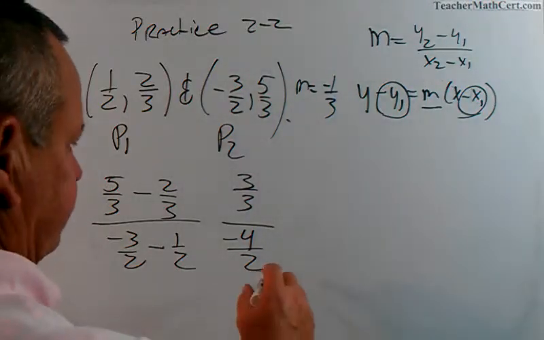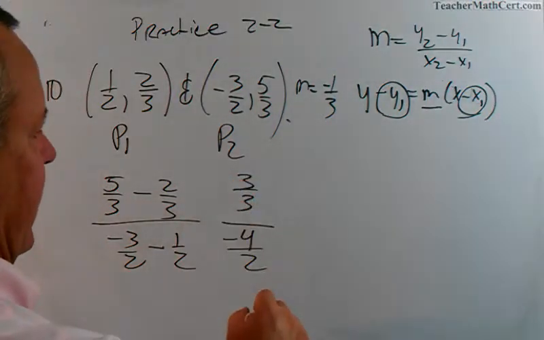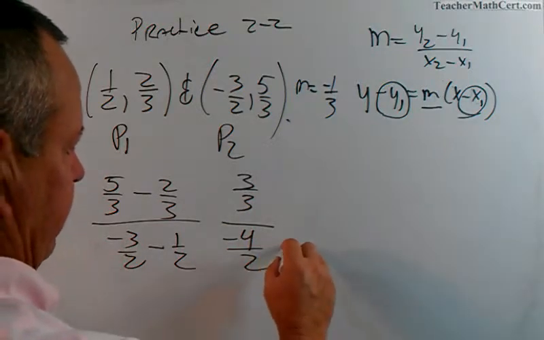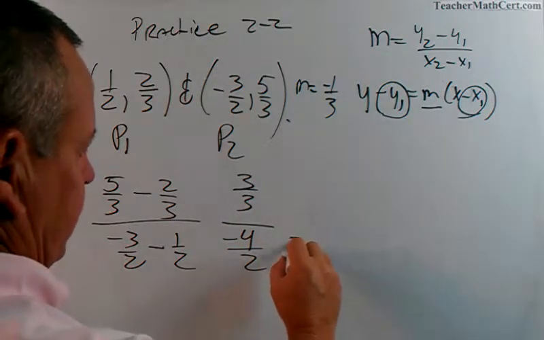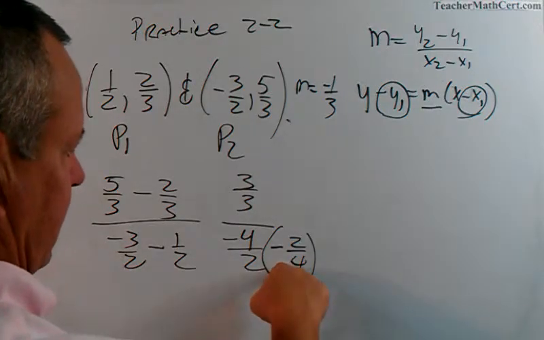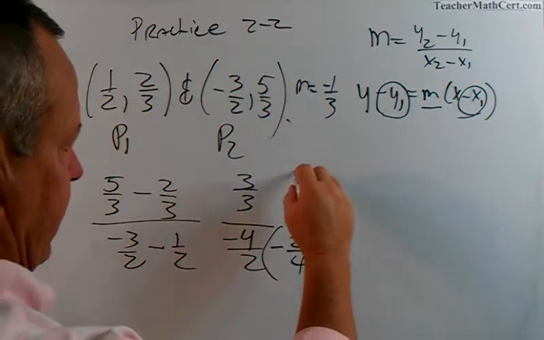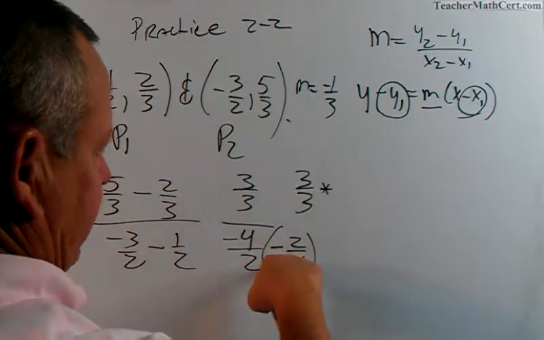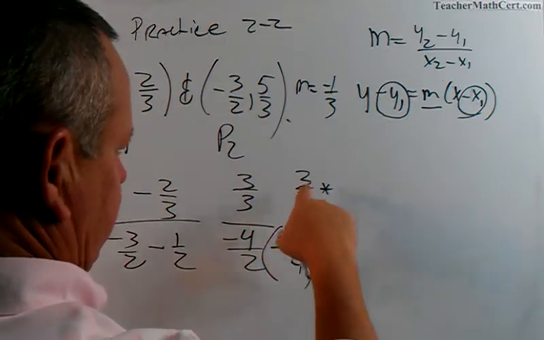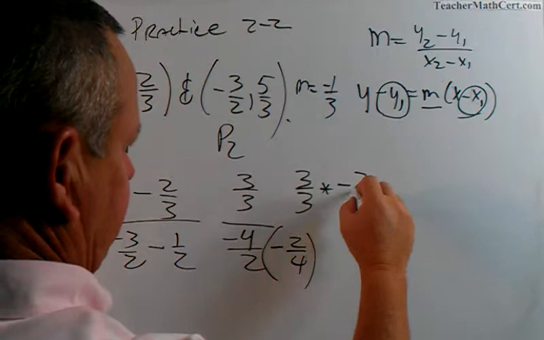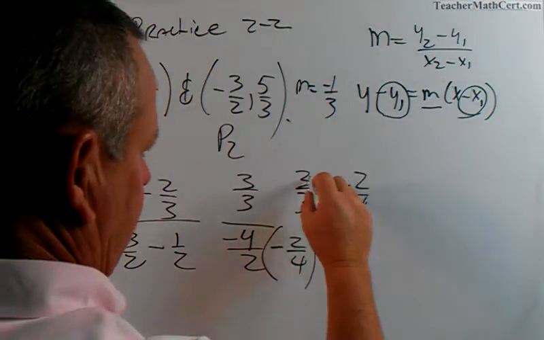So what do we do? Division of complex fractions. We invert this one right here and multiply. So that invert is going to be 2/4, but it's going to be negative, right? Now we multiply this up here. So we got 3/3 times negative 2/4. This goes from division to multiplication.